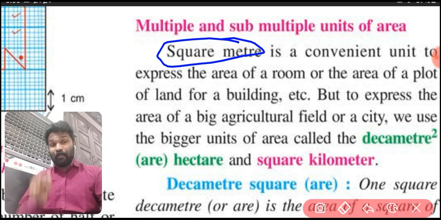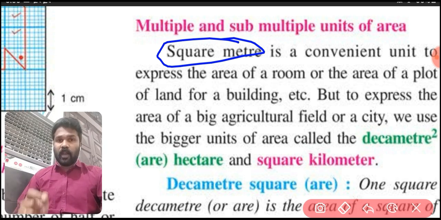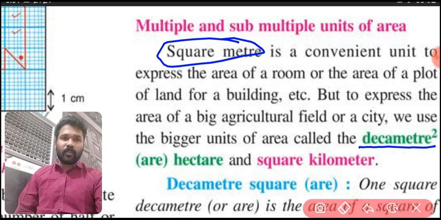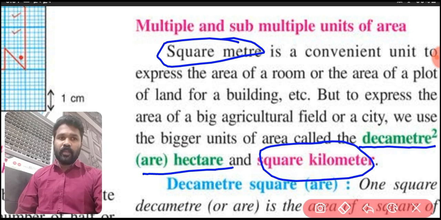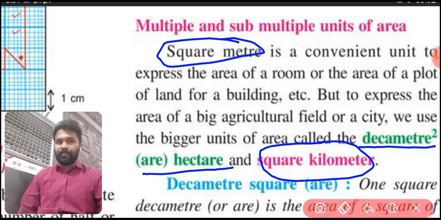We use bigger units of area, that is decameter square, hectare and square kilometer.